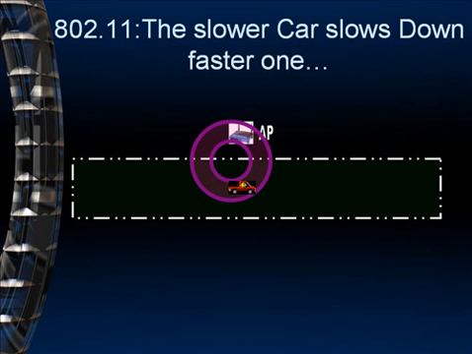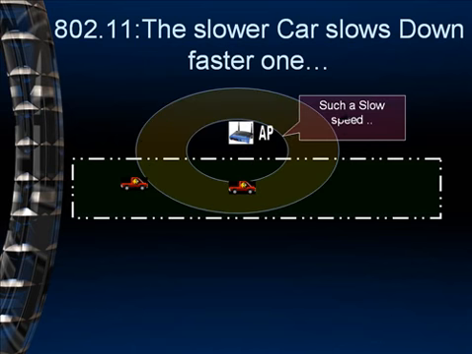This is a car which is near the access point, so it's in the 54 Mbps range. Suppose a car is coming behind it. As you can visualize, this access point is near this car, and suppose there are a lot of cars coming in.